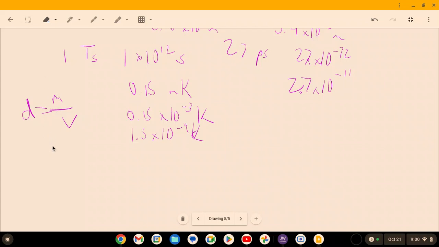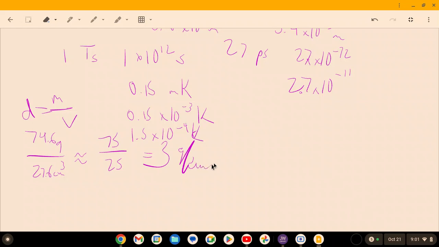So it's going to be 74.6 grams over 27.6 centimeters cubed. About equal 75 over 25, 3. Roughly 3 grams per centimeter cubed. Okay.